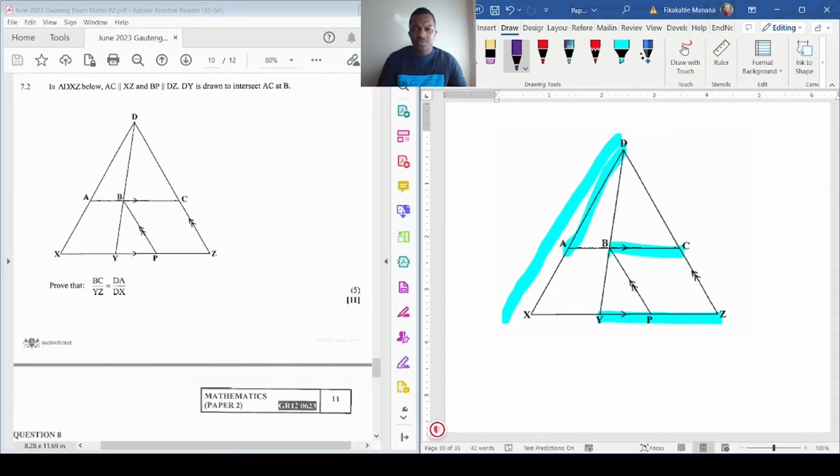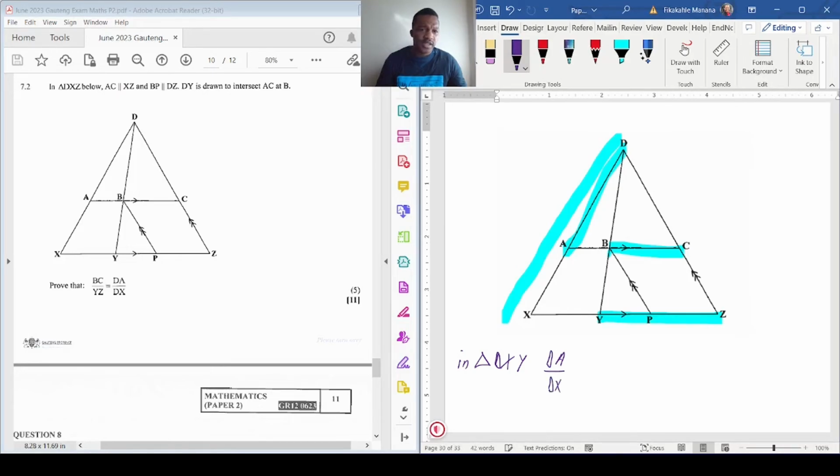So let me just pause there. Even if I don't know what to do, the first thing I would do is say in triangle, let's work with DXY. In triangle DXY, what can we see? Now, the question has DA, which is this small one, DA all over DX, which is the longer length, DX.